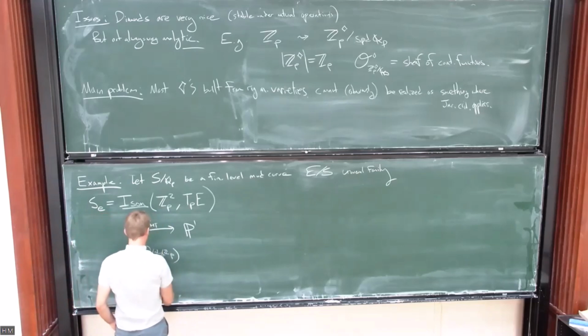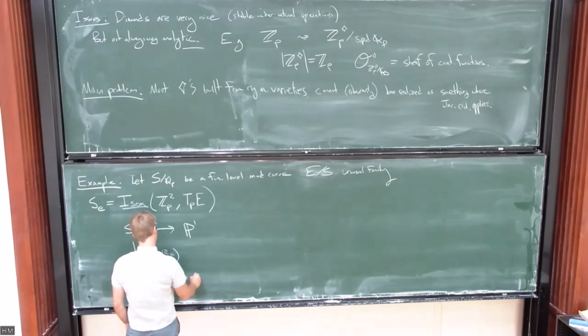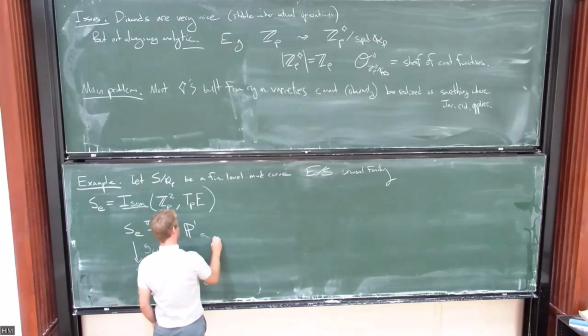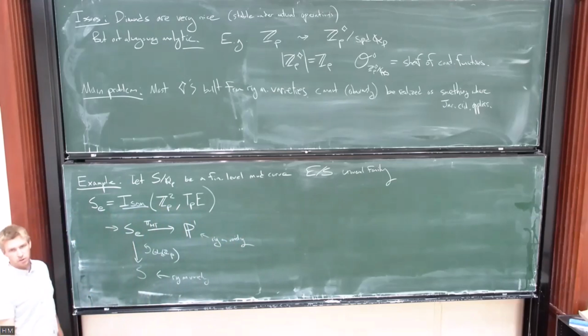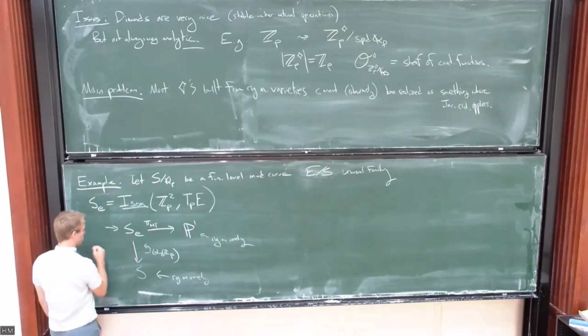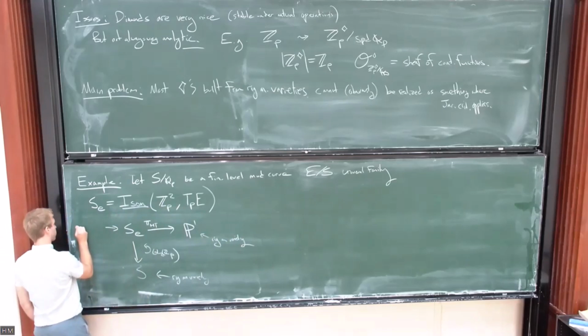And down here we have S as a rigid analytic variety, and P1 is a rigid analytic variety. But this thing is not a rigid analytic variety. In fact, it's about as far as you can get from being a rigid analytic variety. It's a perfectoid space.